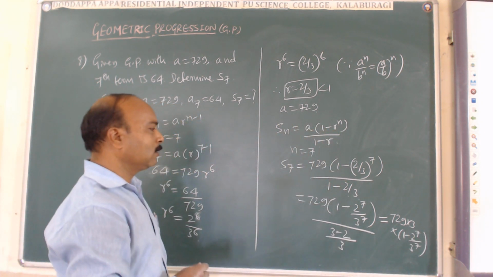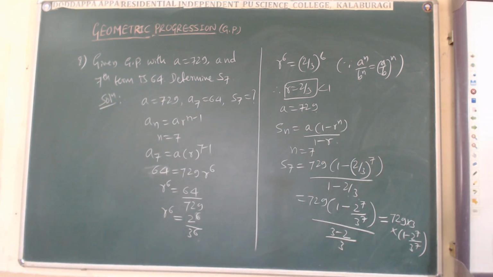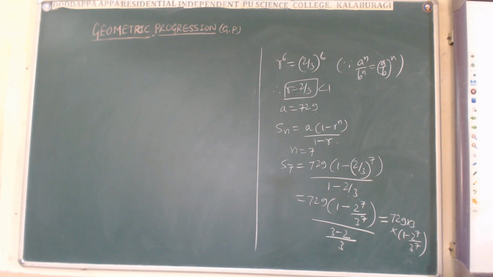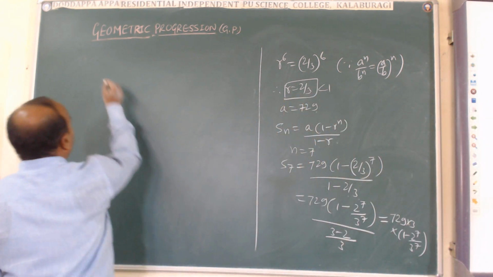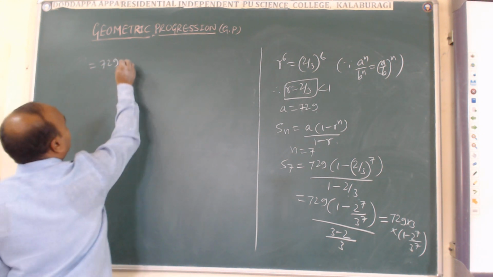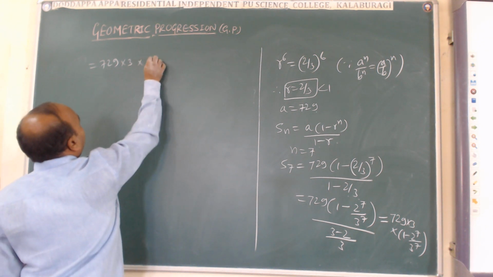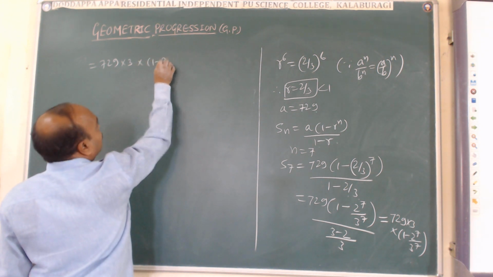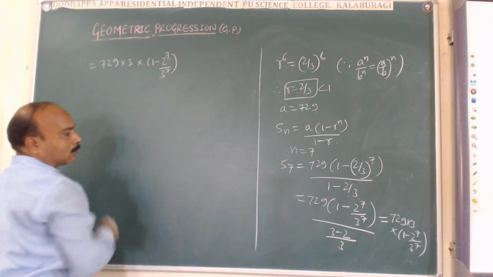This stuff we got. Now it is simplified like this. It is 729 into 3 into (1 - 2^7) divided by 3^7.